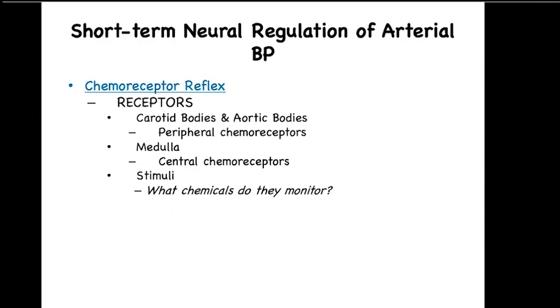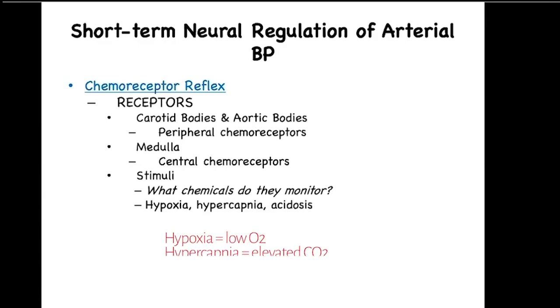Recall, the central chemoreceptors will only pick up a drop in pH that is related to carbon dioxide levels. This is because carbon dioxide can go across the blood-brain barrier, but metabolic acids cannot. Therefore, metabolic acids will not influence the central chemoreceptors.